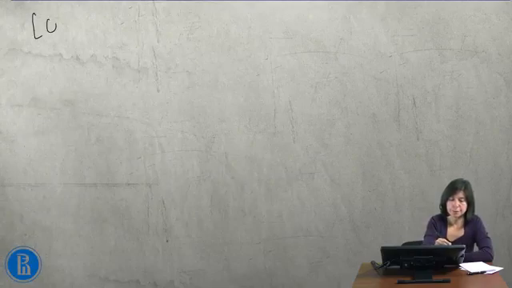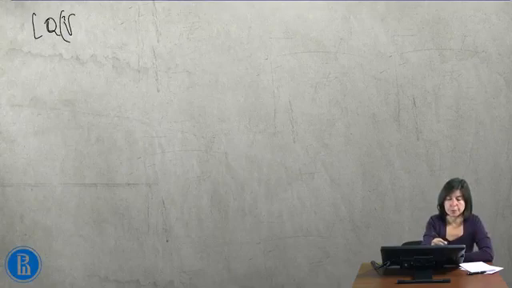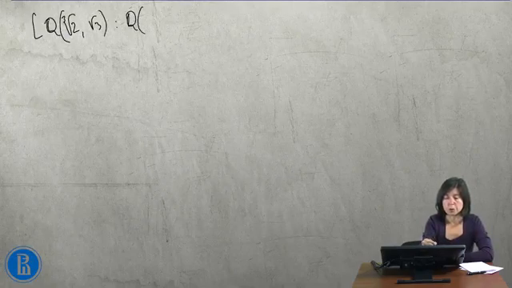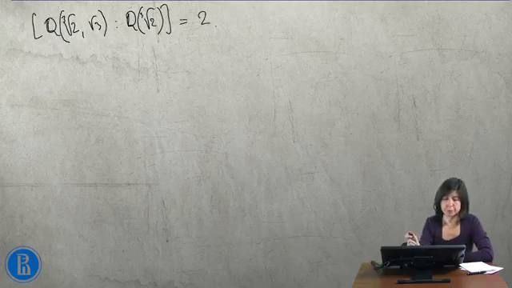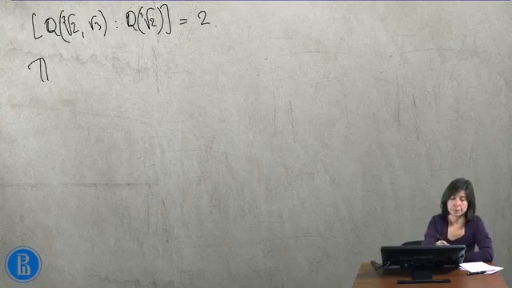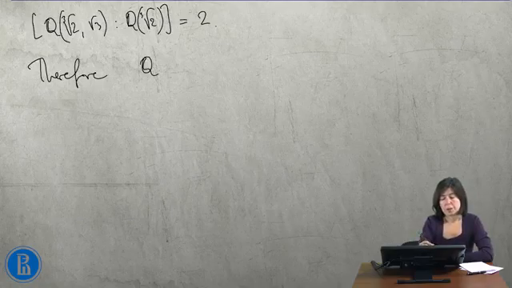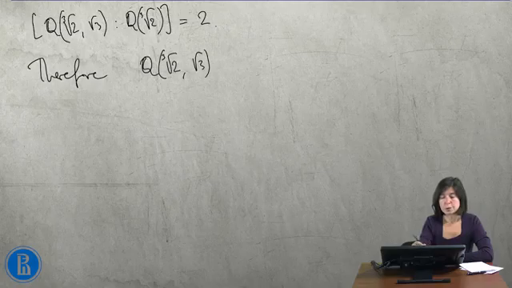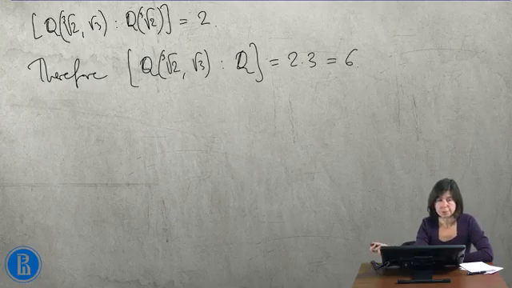And the degree of our big extension over Q cubic root of 2 is equal to 2. Therefore, the degree of Q cubic root of 2 square root of 3 over Q is 2 by 3, which is 6.